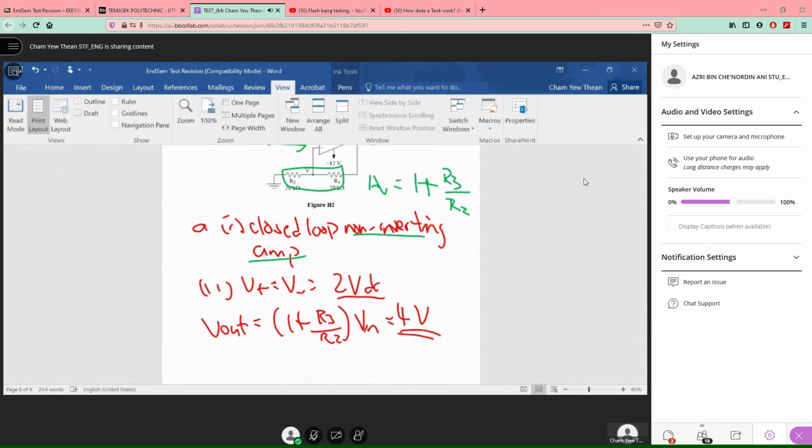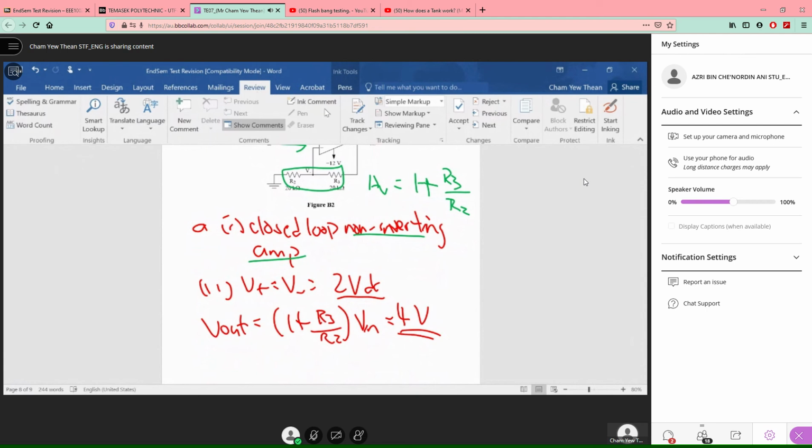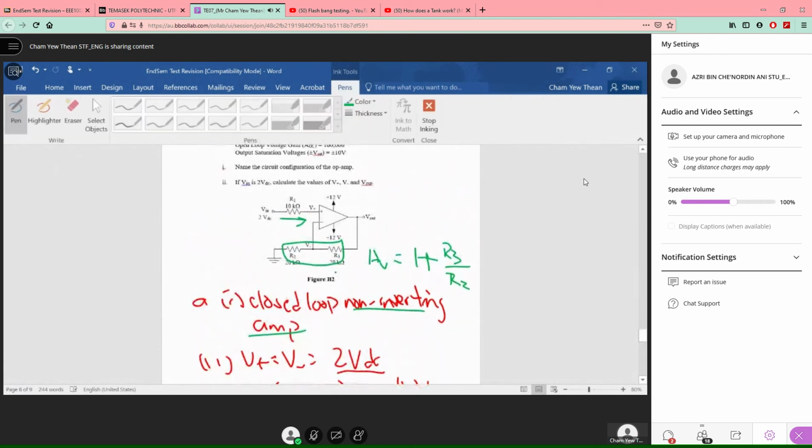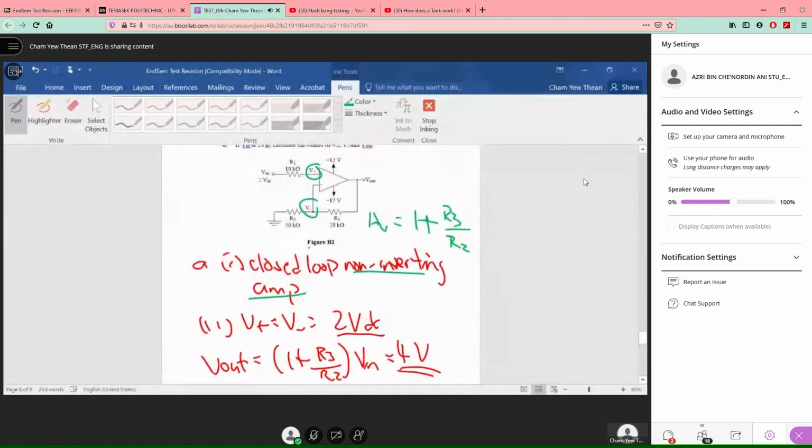Now, what is the non-inverting voltage and the inverting voltage? Because there is no current flowing into the inverting input, your V plus is simply 2 volt.